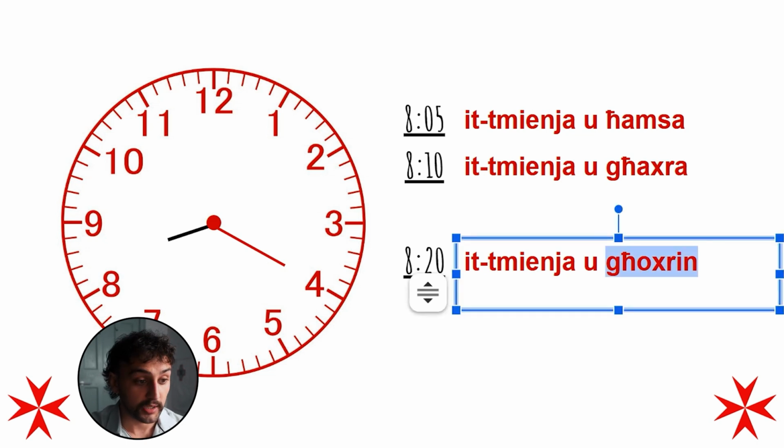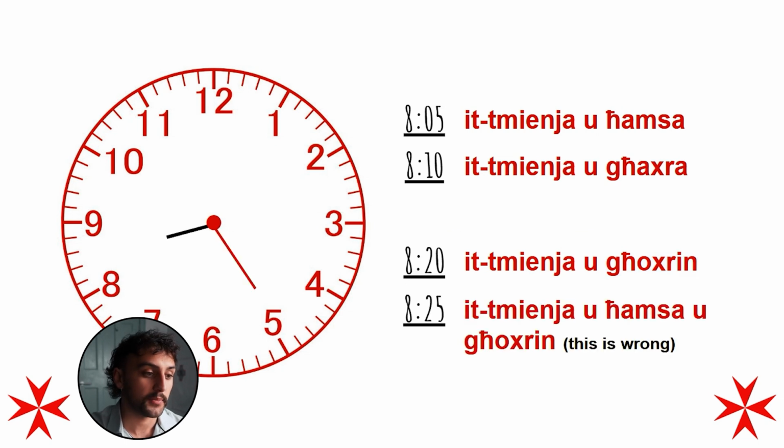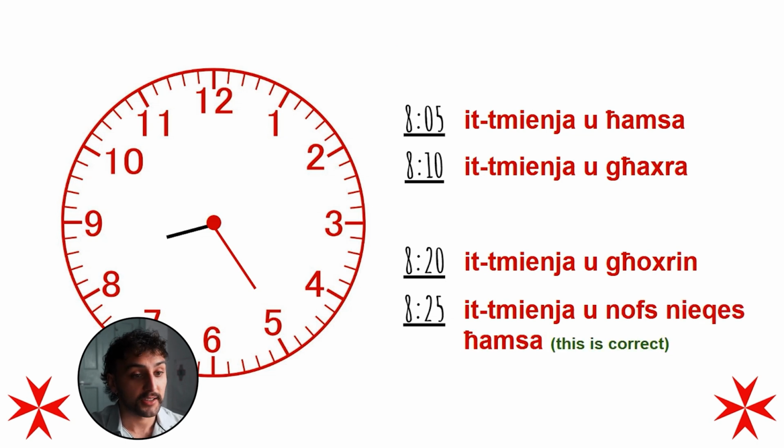Now, for 8:25, it becomes not itmienia u hamsa u oshrin, like you probably think it should do, because hamsa u oshrin is the number 25 in Maltese, but actually it instead becomes itmienia u nofs nies hamsa.